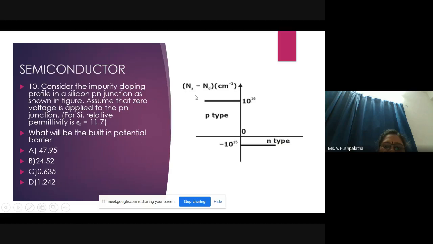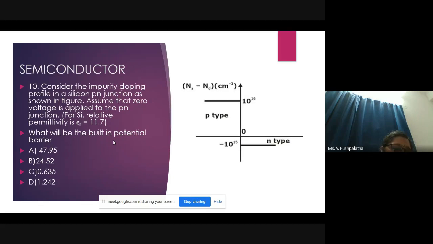And N is doped with a concentration of 10 power 15, so here the doping concentration is Nd. They are asking for the built-in potential.